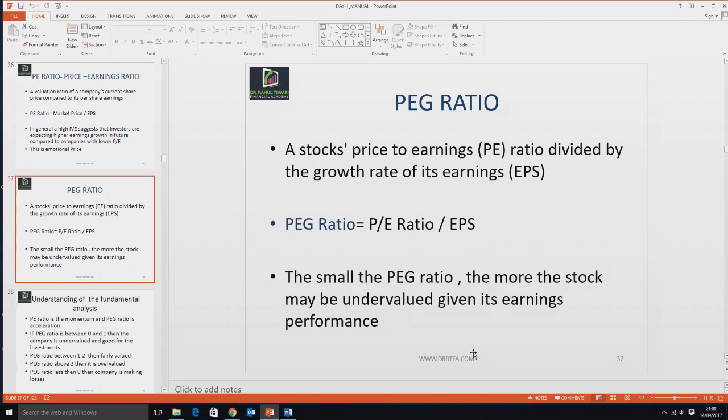EPS is equal to net income minus dividend divided by total outstanding shares. PEG ratio is PE ratio by EPS growth. And what is the PE ratio? Market price by EPS, right? So for the PEG, if the PEG is small, the stock is more undervalued as per its earning performance.